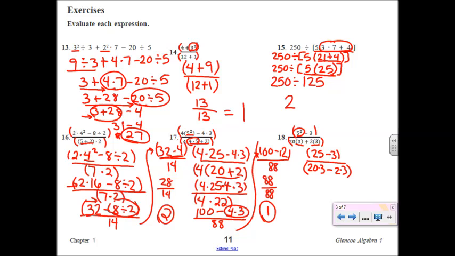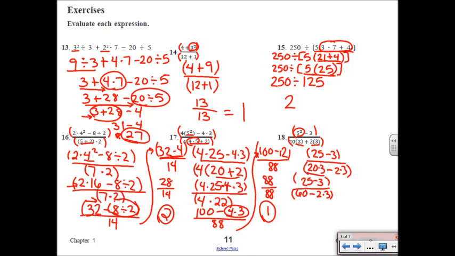Multiplication is next after exponents, and the first one that we run into is 20 times 3. I'm going to have still 25 minus 3 on top, and 20 times 3 is 60, minus 2 times 3. The next multiplication or division you run into is 2 times 3. So we have 25 minus 3 on top still, over 60 minus 2 times 3 is 6.